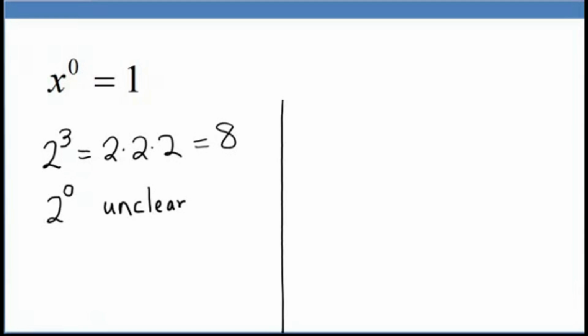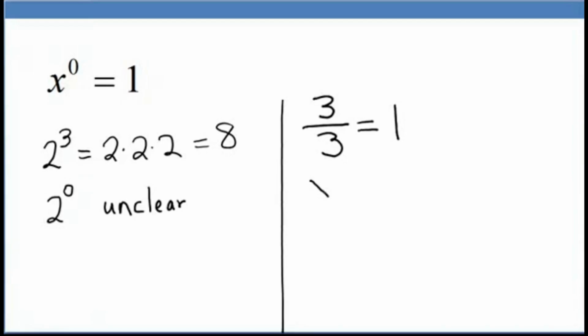Let's think back to some old problems for a moment and see maybe why this definition of x to the 0 is equal to 1. First of all, let's think about 3 divided by 3. I think we all would agree that is equal to 1. Anything divided by itself goes 1 time.